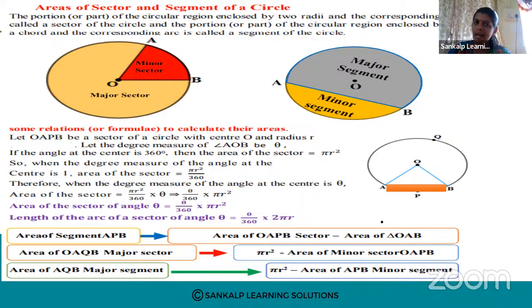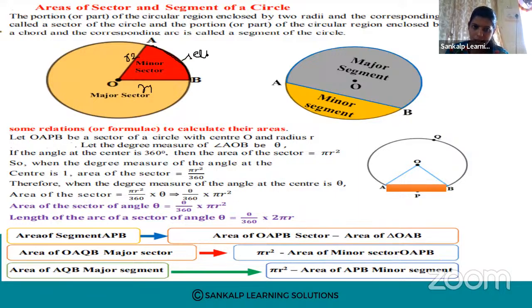Areas of a sector and segment of a circle. See, the portion of a circular region enclosed by two radii and the corresponding arc is called a sector. That we know. The area enclosed by the arc and two radii of the circle. So this is one radius and this is another radius and this is the arc.